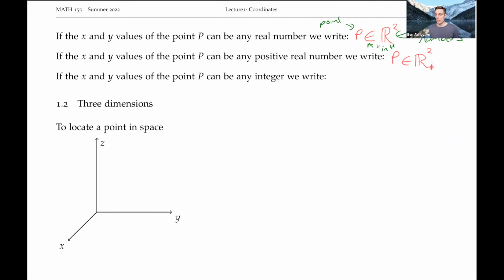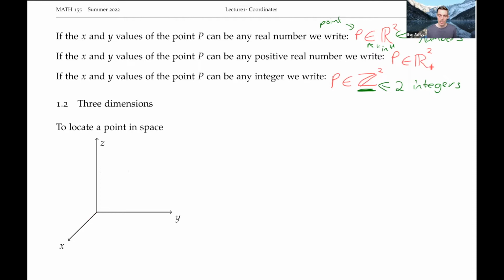So that's saying that P is a point that has 2 positive real numbers. And then finally, if x and y are integers, then instead of the real numbers, we write Z2. So this is saying here that we have 2 integers. That's what this Z2 corresponds to. There are other spaces as well, for example, the natural numbers, but you don't need to worry about these here really.